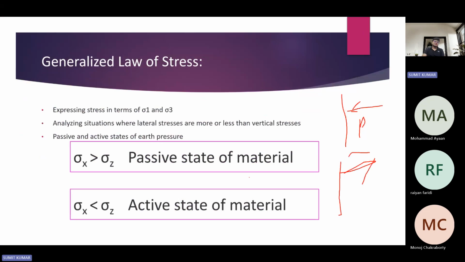So in this manner things happen. So the passive state of material and the active state of material get developed. If we read these concepts moving ahead, I will elaborate the things by making slides, which will give you a better understanding of the topic, right?